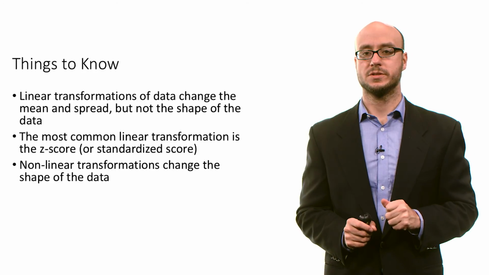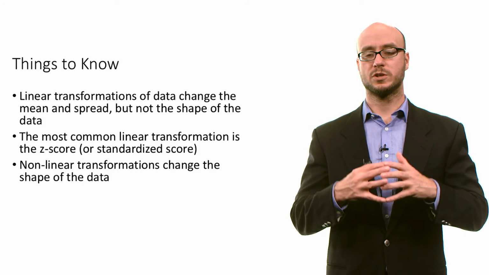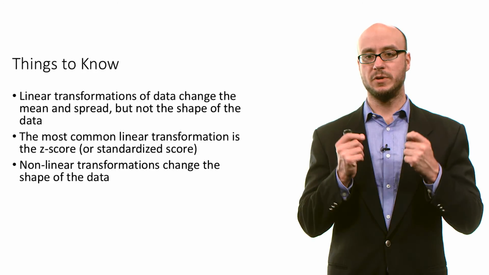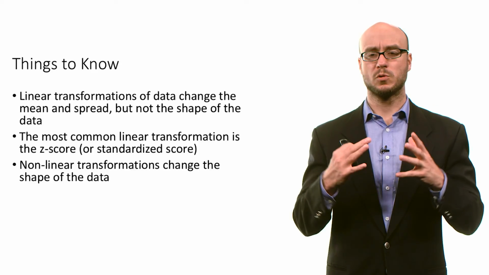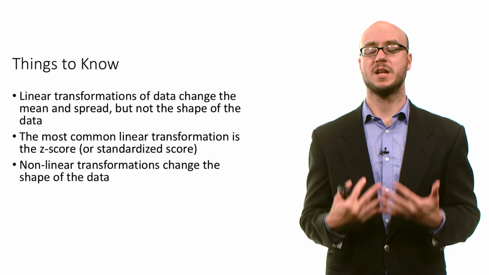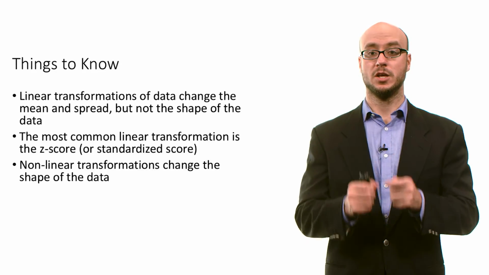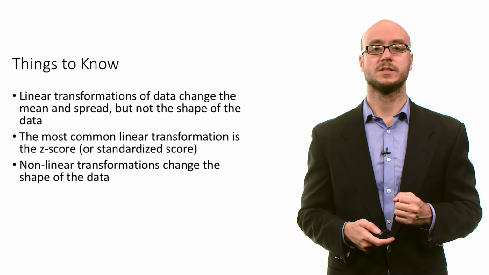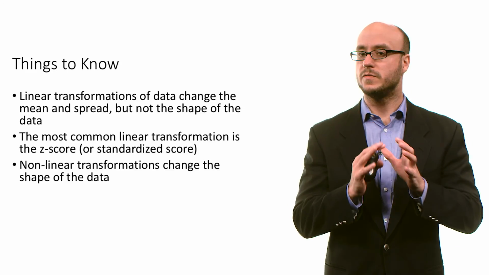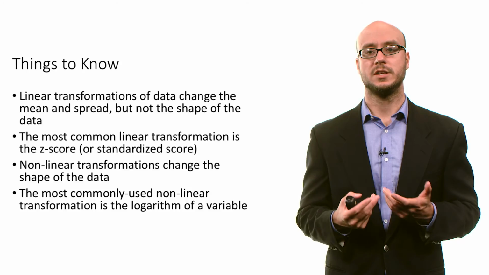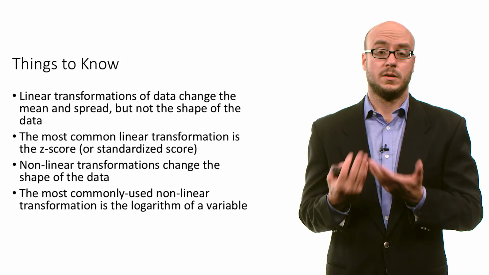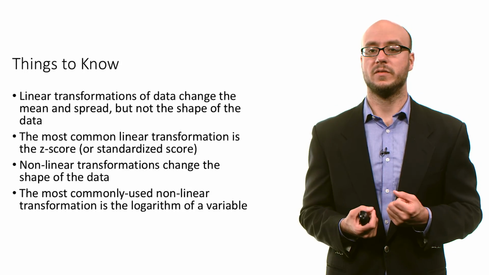Nonlinear transformations, in contrast to linear transformations, change the shape of the data. And we use nonlinear transformations when we want to make the data more symmetric, to reduce skewness, to reduce nonlinearities, so that we can use metrics such as covariance and correlation. There are lots of nonlinear transformations, but the most commonly used, arguably, is the logarithm of a variable.